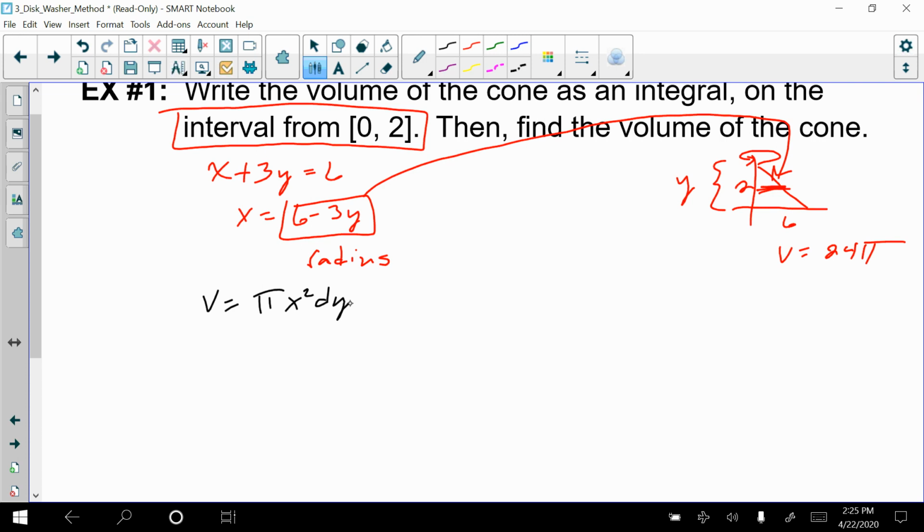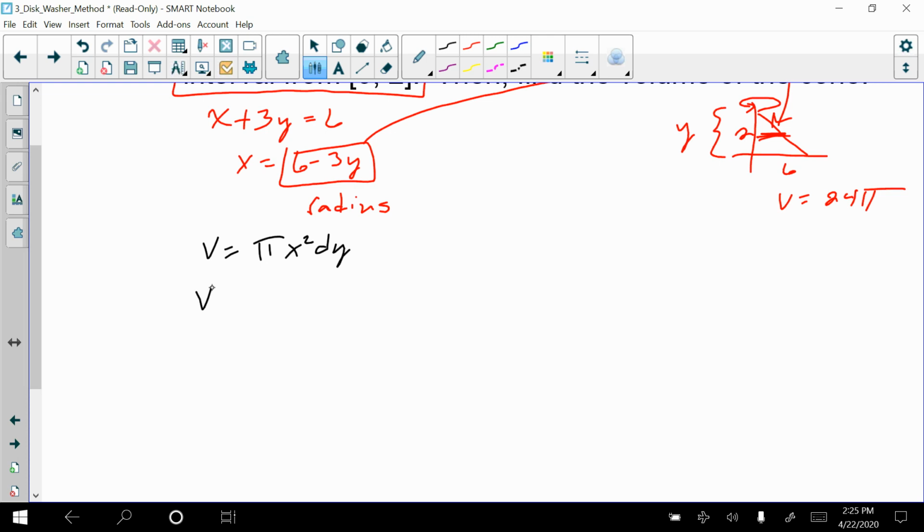Well, now we're going to incorporate that as an integral. Okay, so I'm going to say the volume of this, and I'm going to pull pi out as a constant, and the interval of the integral is going to be from 0 to 2 on the y-axis. So we have the x squared here, and we're going to say dy.